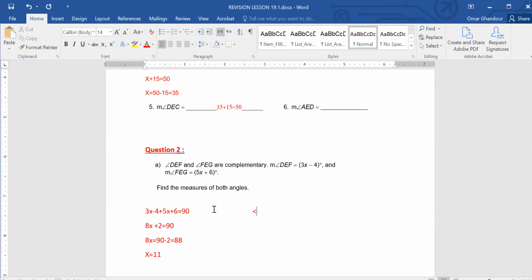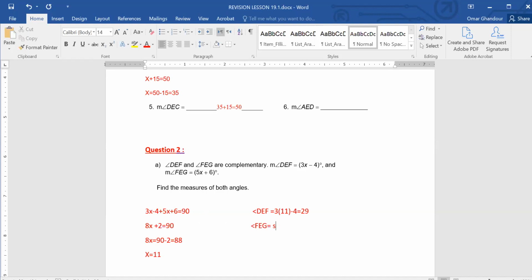So angle DEF is going to be 3 multiply 11 minus 4, which is 33 minus 4, which is 29. We found the measure of angle DEF. And then you will do the same thing for angle FEG, which is 5x plus 6.